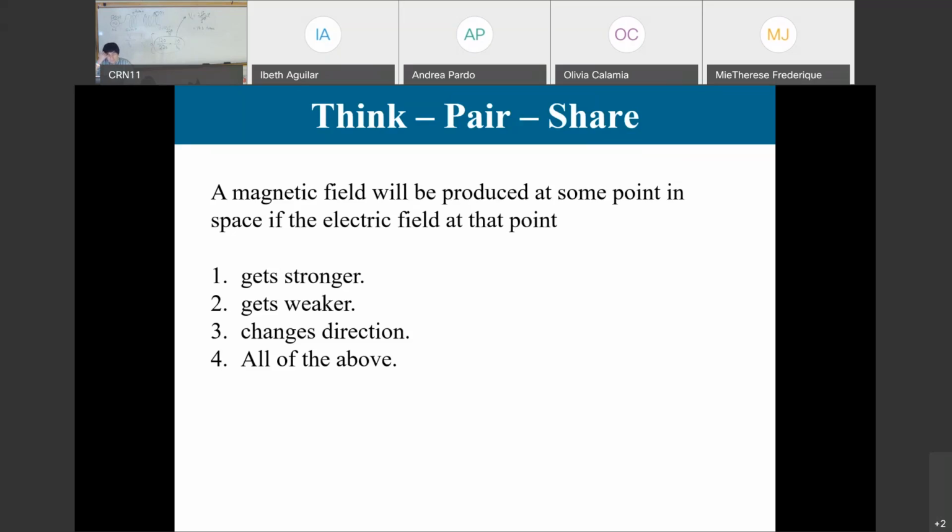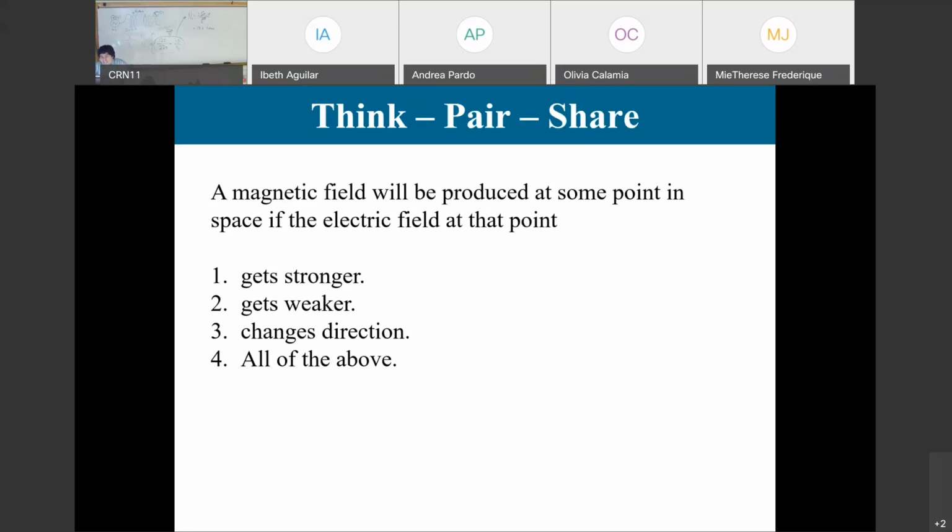Arduino Uno. Anyway, a magnetic field will be produced at some point in space if the electric field gets stronger. Yes, because it's changing. Gets weaker. Yes. Changes direction. Yes. This is like the acceleration.